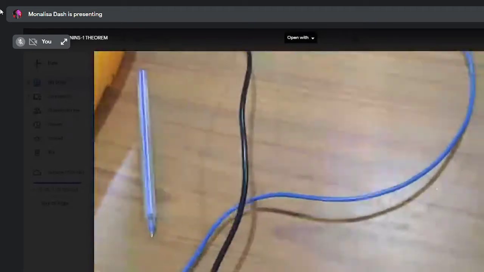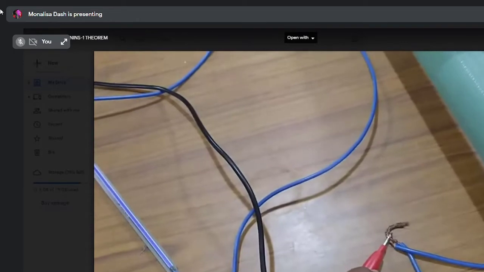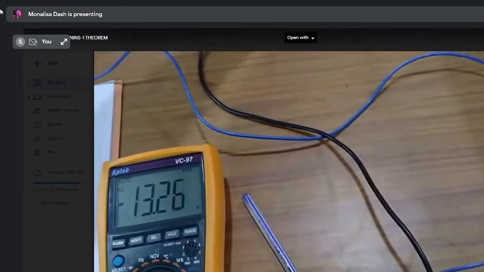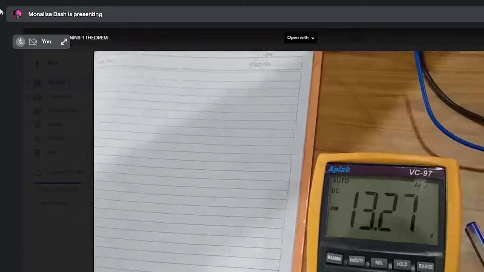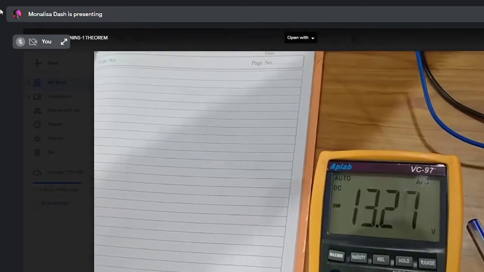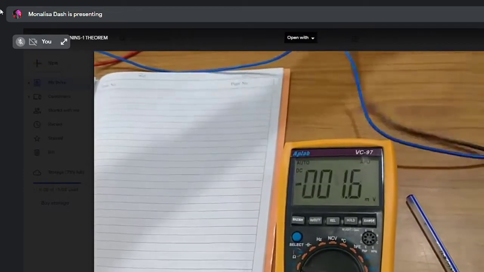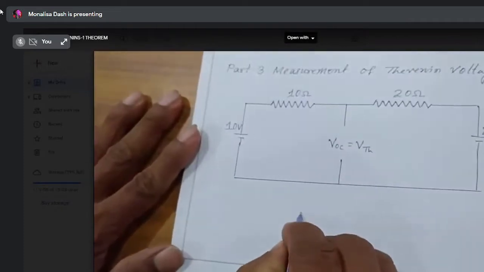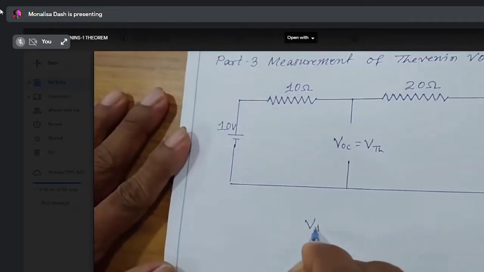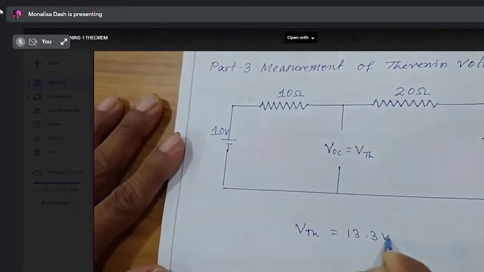Practically, how much voltage is coming across this? It is nearly 13.3. Okay, it is coming 13.3. So this is the VTH. Now the VTH or VOC, open circuit voltage, is coming 13.3 volt.